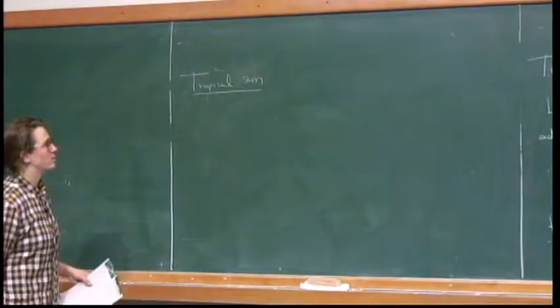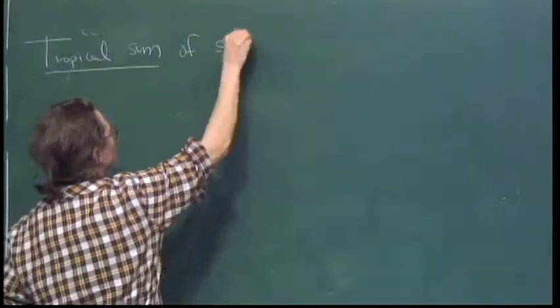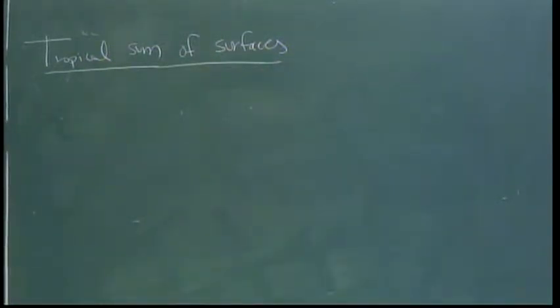is another operation that will actually help us build some neat examples. So what's the tropical sum of surfaces? Basically, you have two surfaces, and you want to glue them together at some parts.